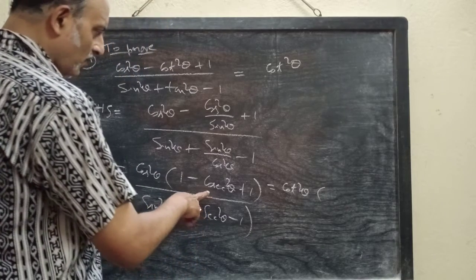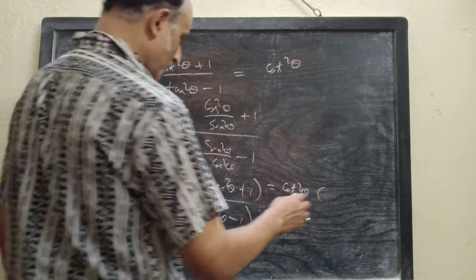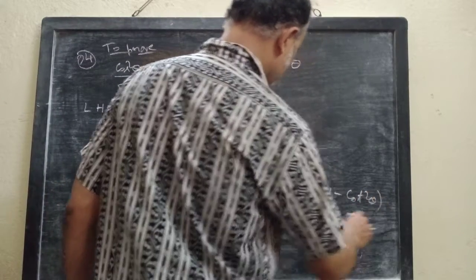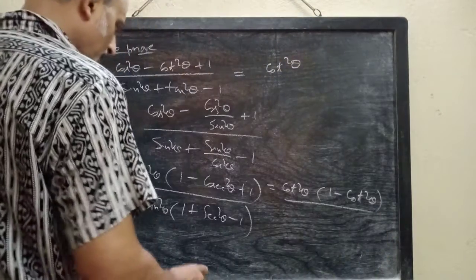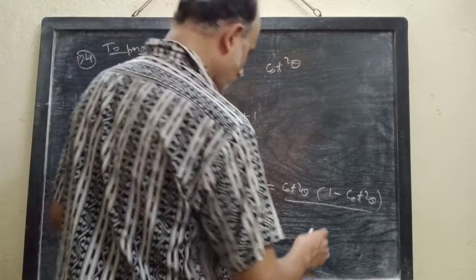So if you write here 1 plus cos square theta, that will be minus 1 minus cos square. So ultimately this becomes 1 minus cos square theta divided by, here 1 1 cancelled, sec square theta can be written as 1 plus tan square theta.